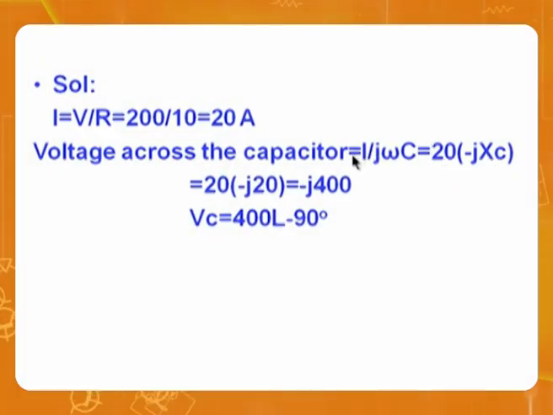So you can substitute 20 into minus j20. Then he himself gave this is 20 in the question. 20 into 20 becomes 400, minus j400. If you convert this minus j400 into polar form, 400 is here, minus j means minus 90. So the option is D, 400 angle minus 90.